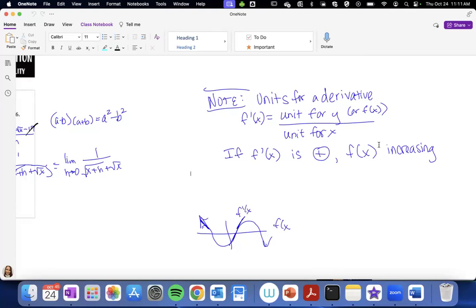If my derivative is negative, then f of x is decreasing. Do you see why? Because graphically, I'm taking that derivative negatively on the slope. Negative slope means the function is decreasing. The first derivative tells us about the original function.